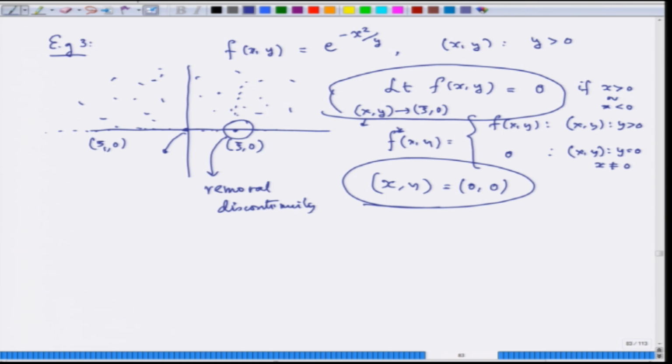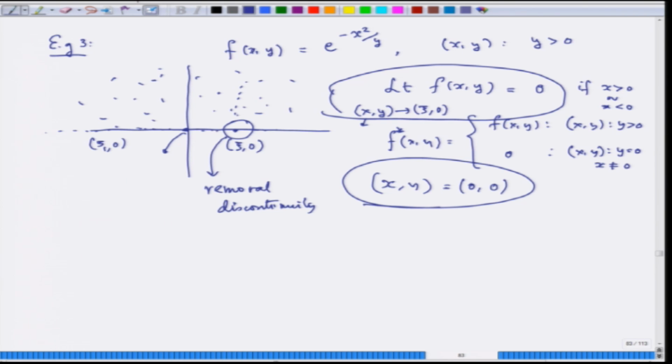It is very interesting that on the whole line, where we had not defined the function, we can still redefine it, but there will still be the origin where the function is not defined and is not continuous. Except for the point (0, 0), we have now made this new function f star continuous all over. It is slightly tricky, and when you go through the examples and homework, you must be very careful in handling these things.